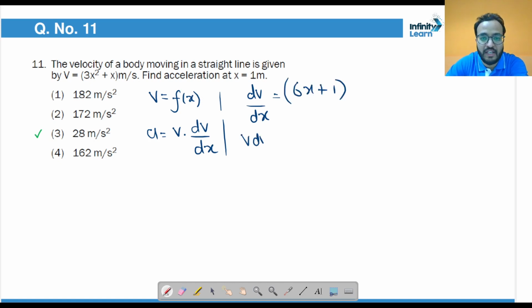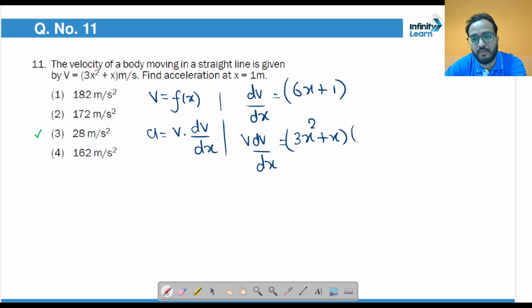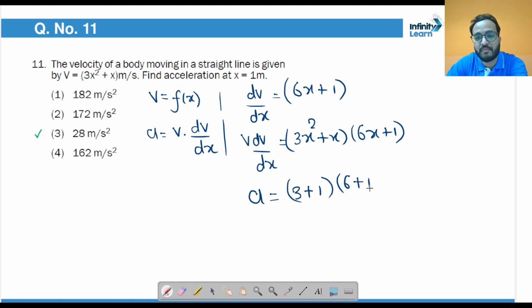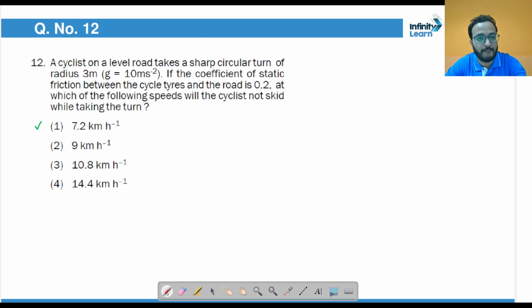And v dv by dx will be 3x square plus x into 6x plus 1. So this is acceleration. Put x equal to 1. It is 3 plus 1 into 6 plus 1. So 4 into 7, which is 28 meter per second square. Got it? So third option is correct.